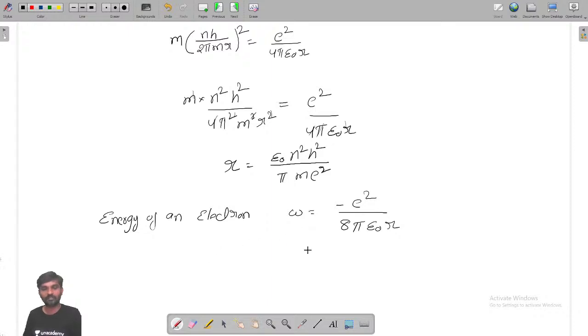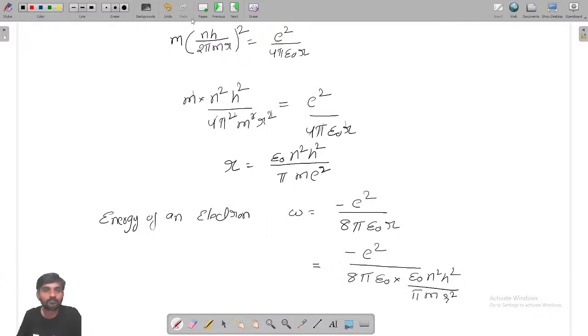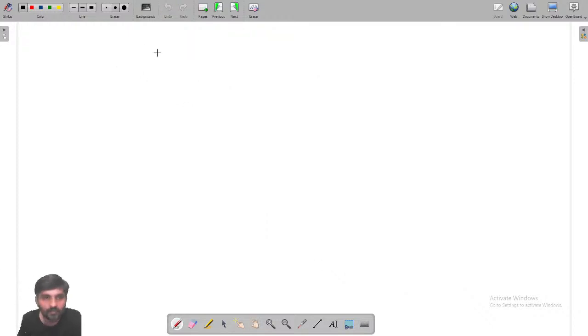Now if you substitute the value of r here, what you will get is W is equal to minus m e power 4 by 8 epsilon naught square h square into 1 by n square.